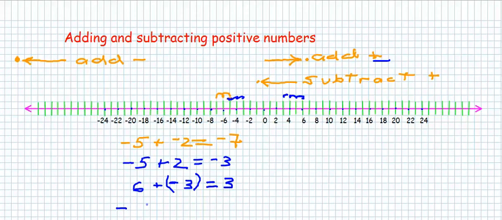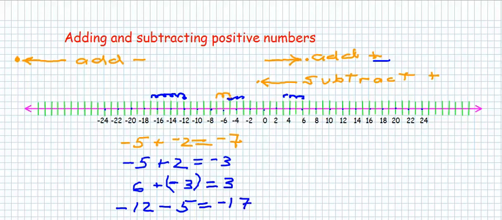If I'm at -7, let's go to -12. -12, and I subtract 5, I start at -12, subtract 5, means I go 1, 2, 3, 4, 5 to the left, and I see here I'm at -17.